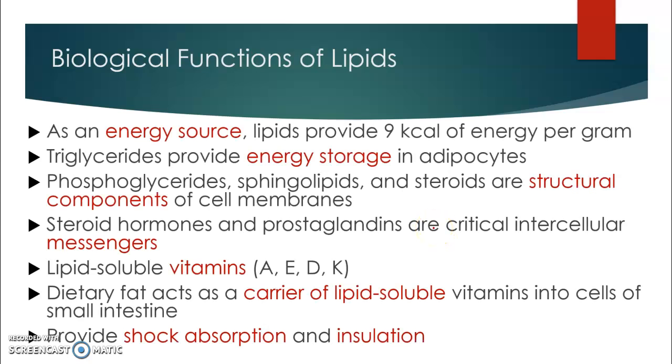So let me put up that function list and just take a second to read it. Some things I want you to notice is we've got energy up there. So lipids are in a lot of our food, and they do pack quite a punch. They pack significantly more energy than the other organic families that our body can use for energy, such as proteins and carbohydrates. So that makes them a great energy source and then a great energy storage.